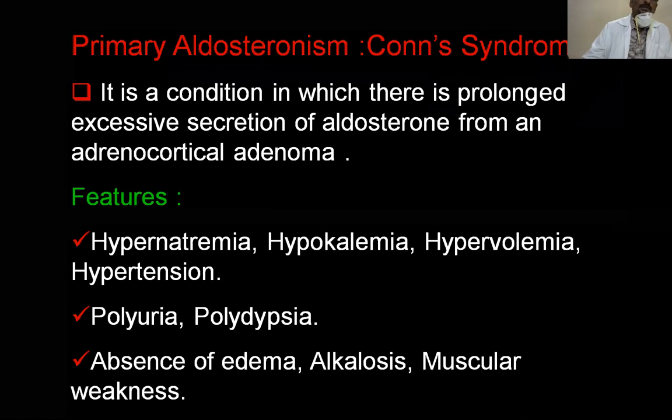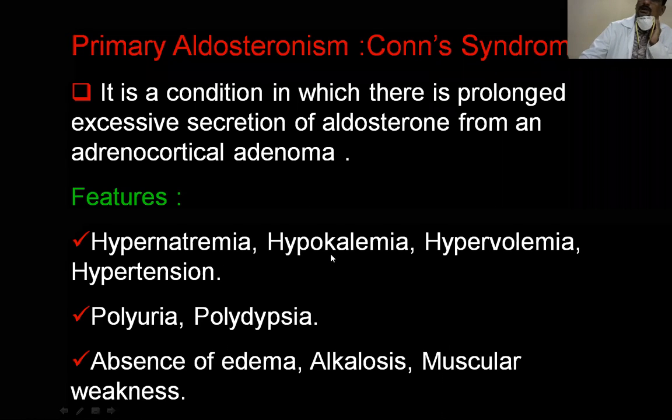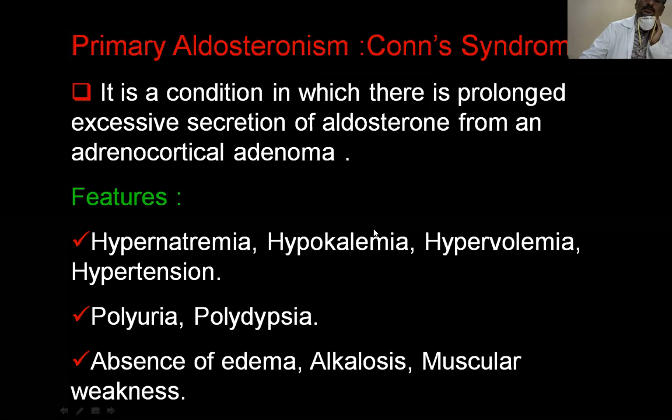So what are the features we will see? When aldosterone level becomes high, there will be hypernatremia, increased sodium and water retention. On the other hand, there will be hypokalemia because it favors potassium ion secretion. Potassium ions will be secreted, so there will be hypokalemia. Sodium and water will be retained, so hypervolemia will be there, which leads to hypertension.